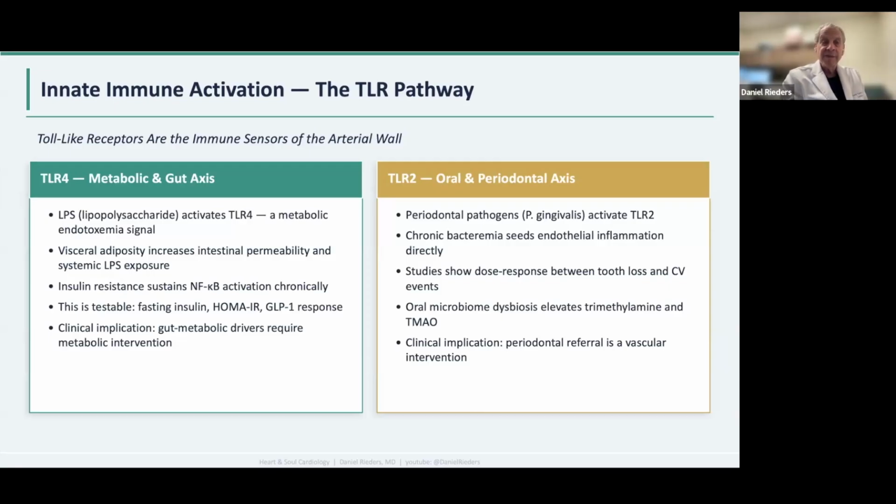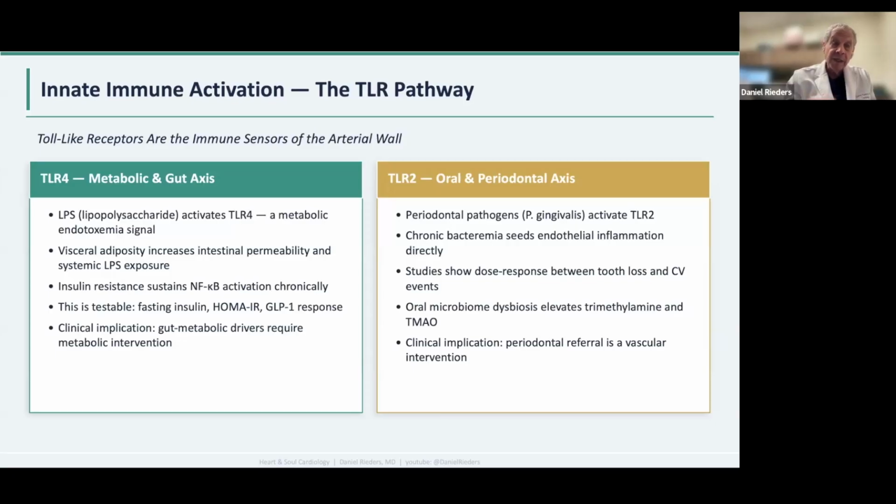So going upstream, you've heard in COVID about the innate immune system, and that's via something called APCs, antigen presenting cells, and another thing called toll-like receptor pathways. So two of the pathways, one is TLR4, which measures metabolic in gut.